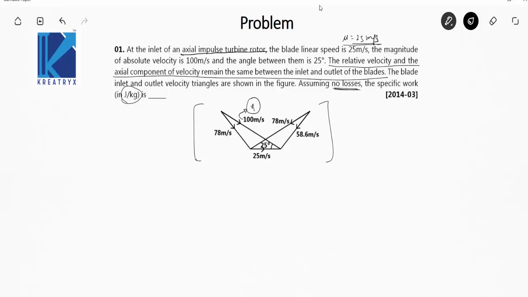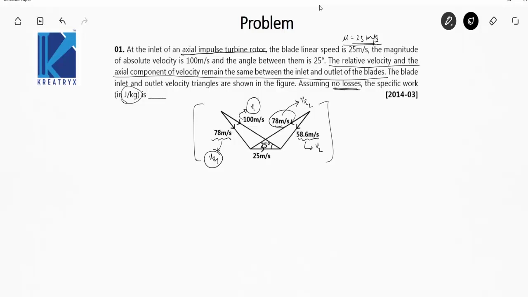And this 78 meter per second becomes vr1, that is the relative velocity at the inlet, and it's given that the relative velocity remains the same, so this becomes vr2, that is the relative velocity at the outlet of the blade, and similarly this becomes v2, that is the absolute velocity at the outlet of the blade.